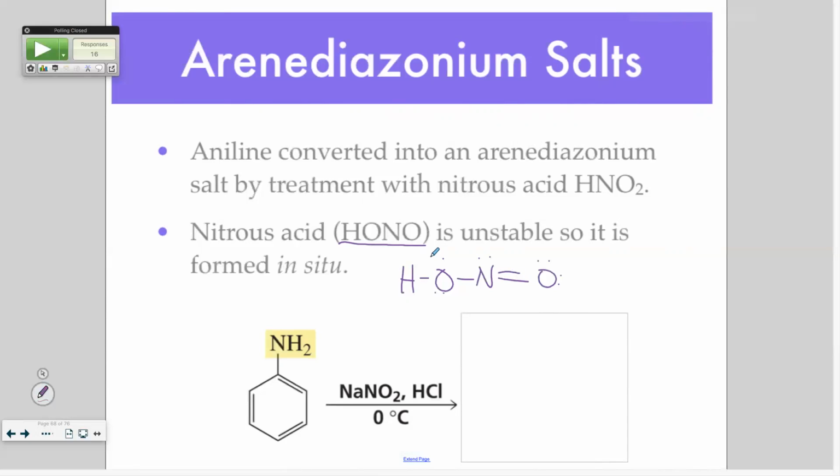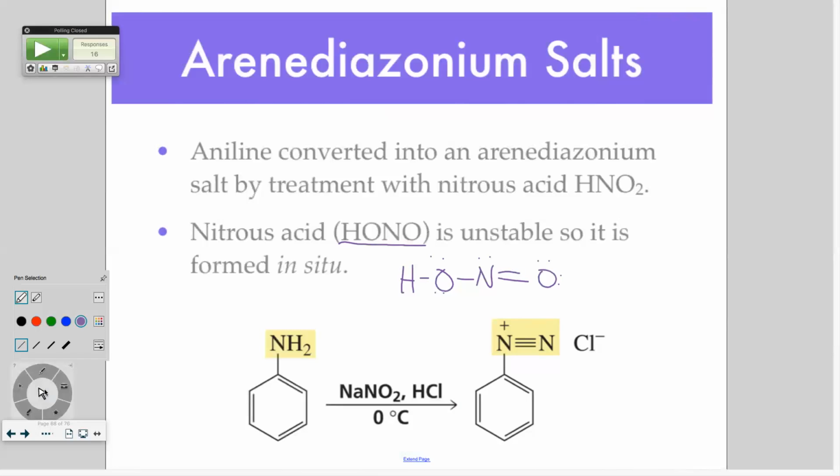So what does it do? Well, it takes that NH2 and converts it into that. That is called a diazonium salt. Did you all do a lab where you made methyl orange? You made a diazonium salt in there.